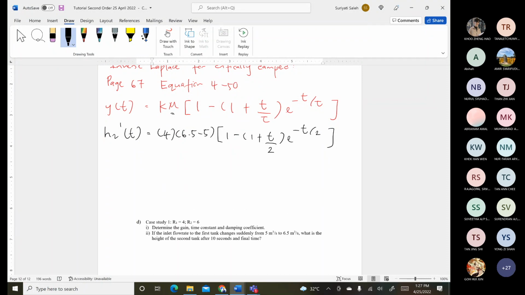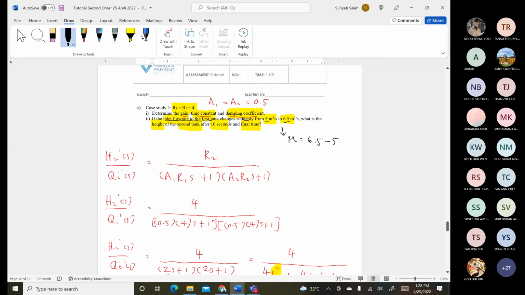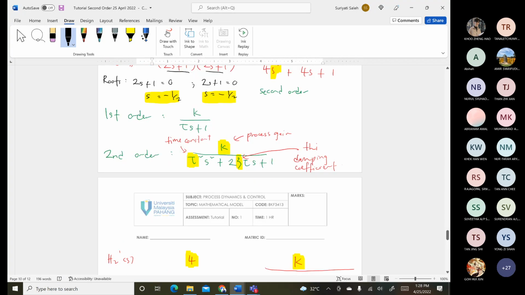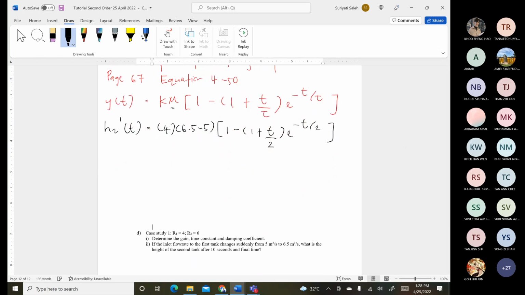So the next step, the question wants you to find the height of the second tank after 10 seconds. So we substitute: for H2 prime, we put t equal to 10.